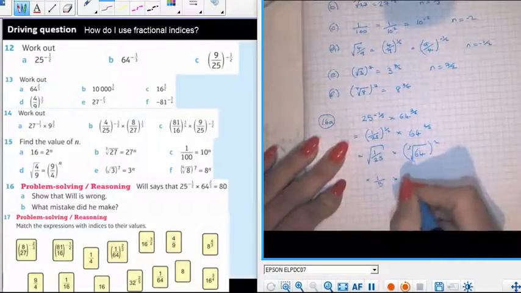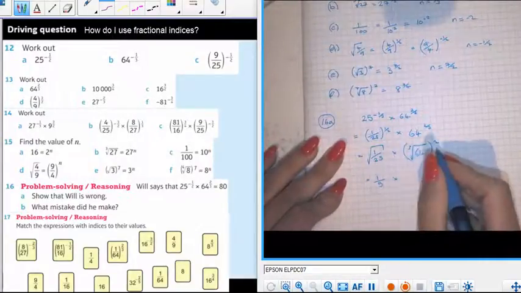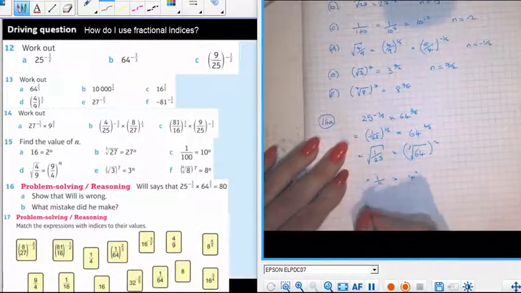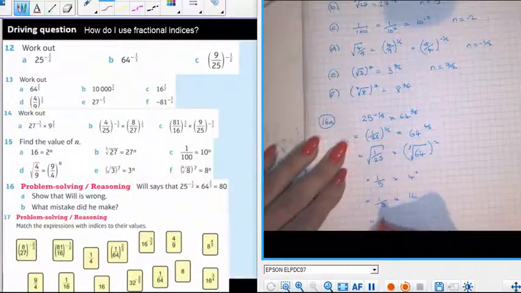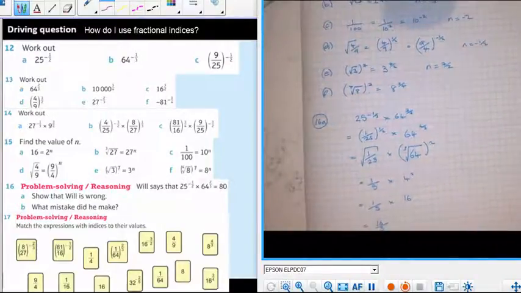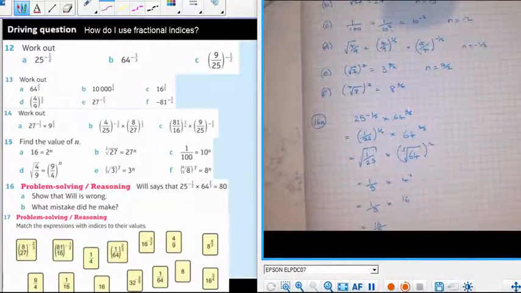The cube root of 64 is 4, and 4 squared is 16. 1/5 multiplied by 16 is 16 over 5, or 3 and 1/5. So clearly 80 is the wrong answer.